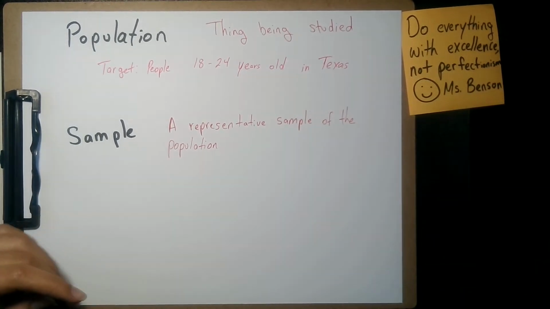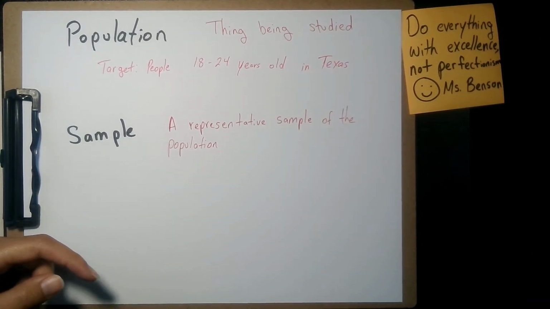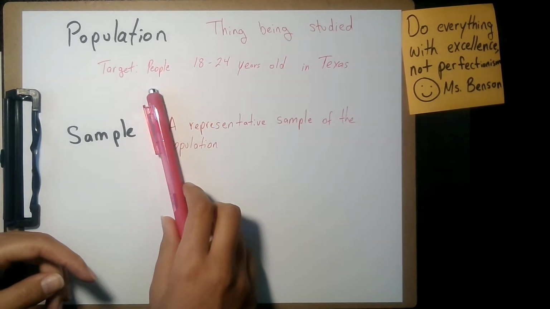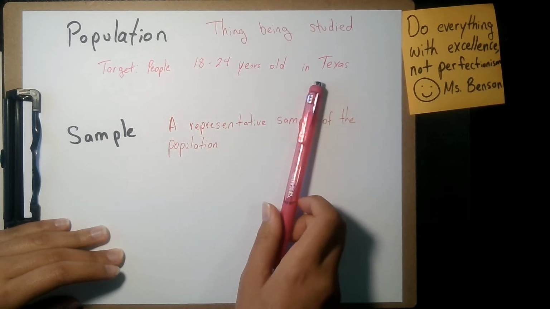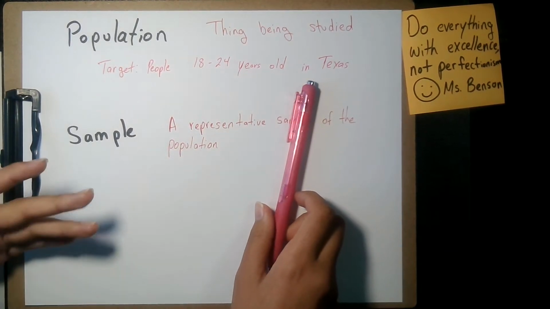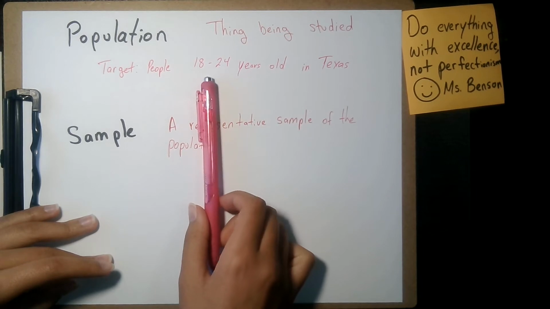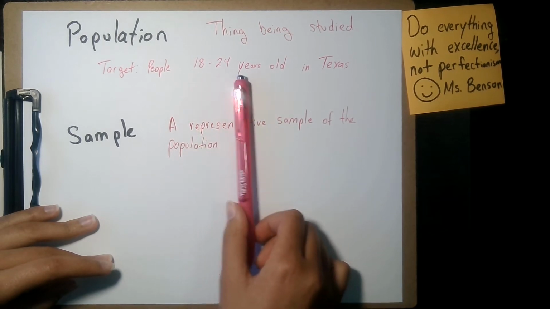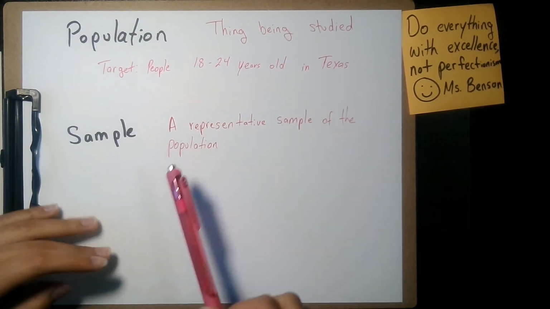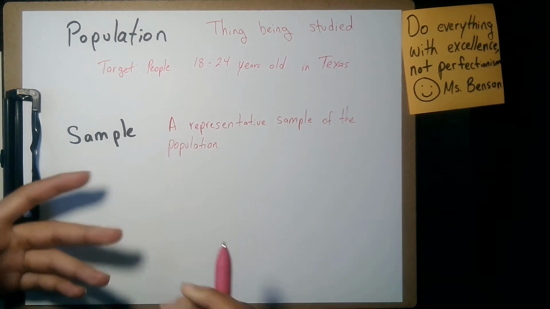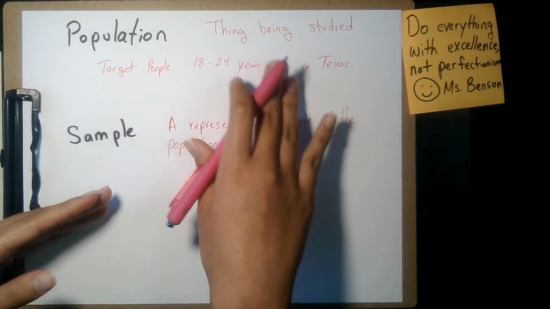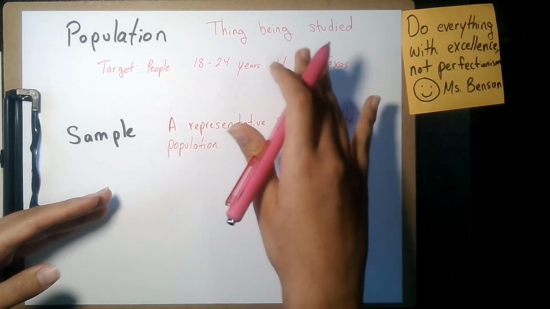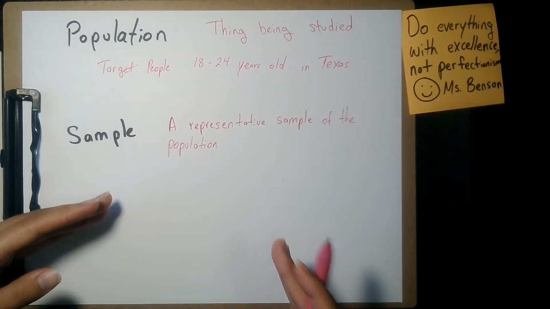It would be very difficult, not to mention expensive, to survey every single 18 to 24-year-old in Texas. So instead, you will interview some 18 to 24-year-old people in Texas, and then based on the findings from that smaller group of people that represent the bigger thing that you're studying, you can make some conclusions about that.